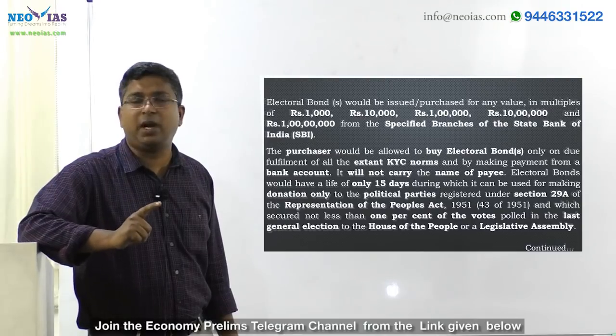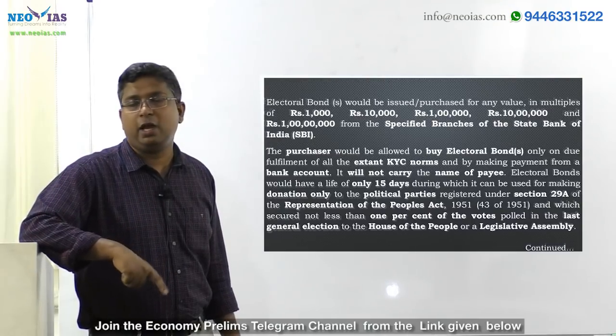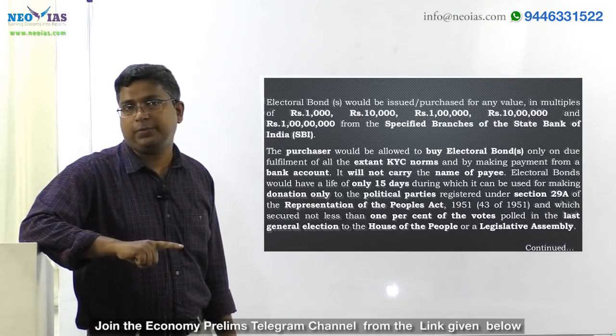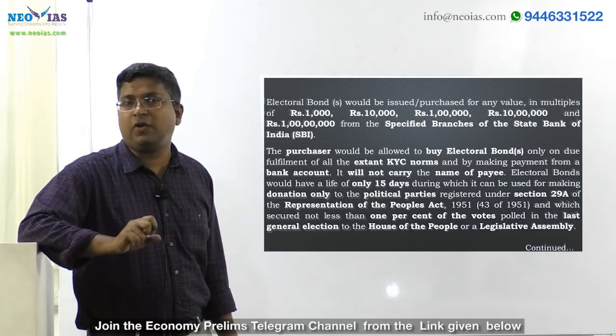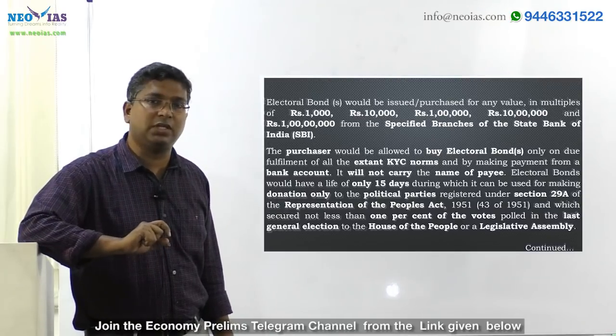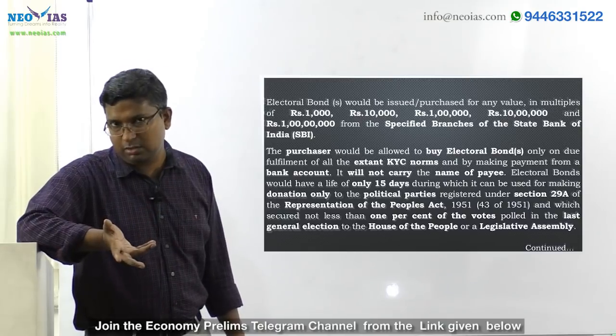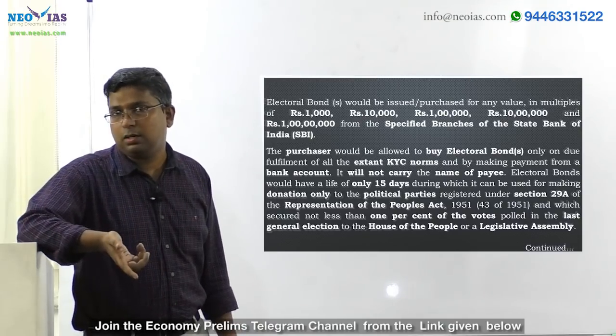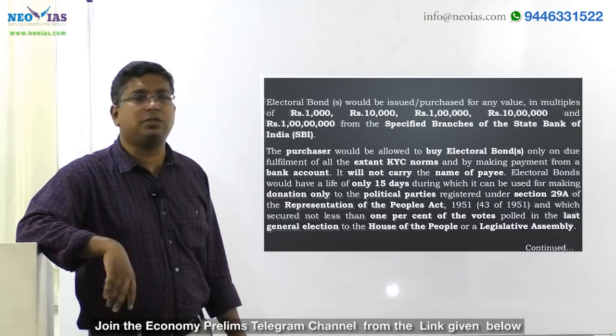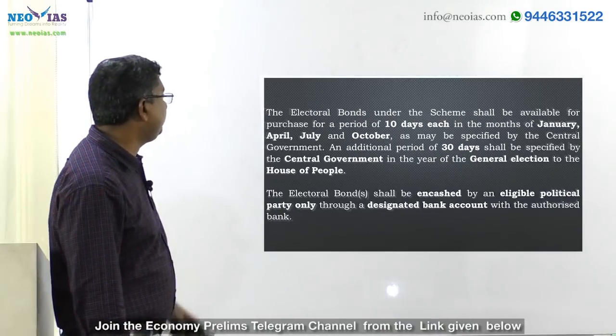So a registered political party under section 29A of the Representation of the People Act, and which has got at least 1% of the votes in the recent general election, can only use this bond. That's another very important point.